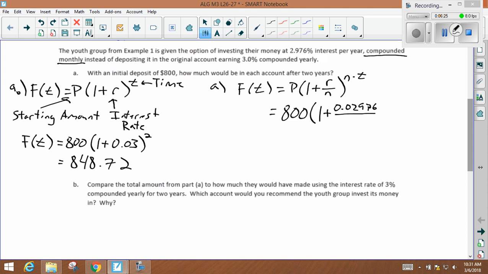Okay, so now the newest thing is what n is. n is the number of times it's compounded in a year.